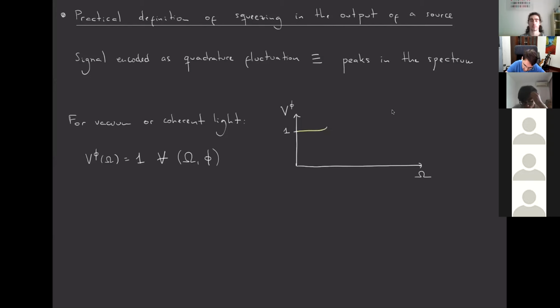Then at some point, they have a peak in the spectrum that is a gravitational wave, or maybe a series of peaks if the gravitational wave is not perfectly a harmonic wave, a plane wave. It's something more complicated, but just imagine that we have a single peak. And then this is what happens. If there is no signal, there is no peak, and all the spectrum is at 1, okay?